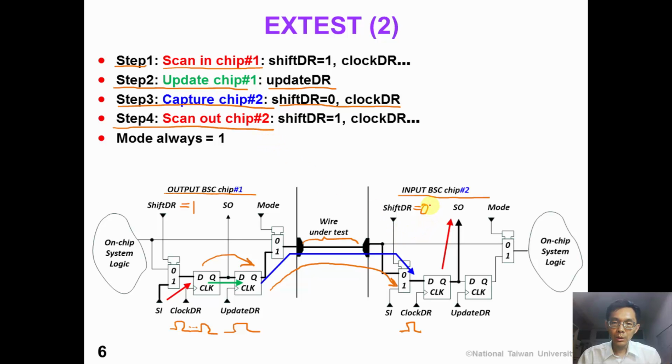At this time, we set the signal shift DR to 1 and we apply a sequence of clock DR. In this way, we can observe the content in the boundary scan cell of chip number 2. Please note that during this process, the control signal mode is always equal to 1.